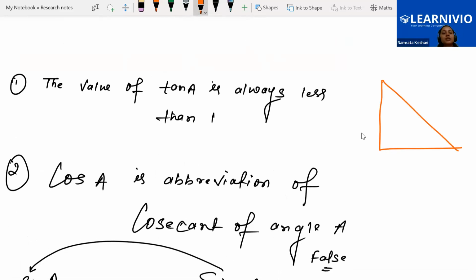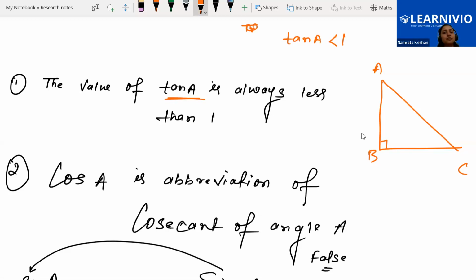Suppose here it's given that tan A is less than 1. If we take it as a true statement, we have to check whether it is true or not.